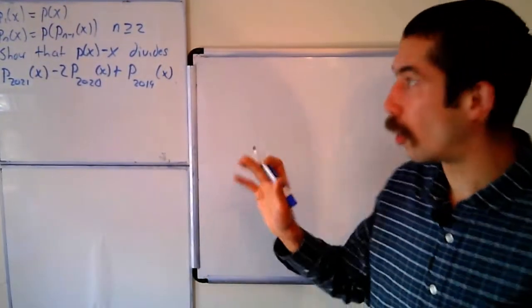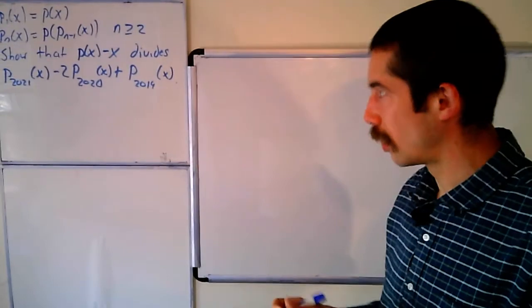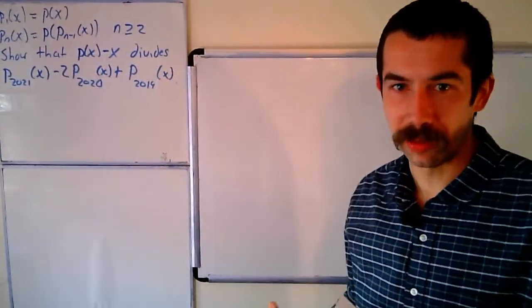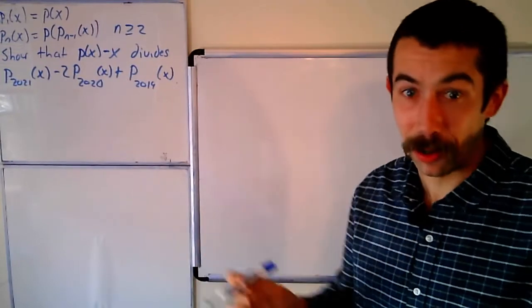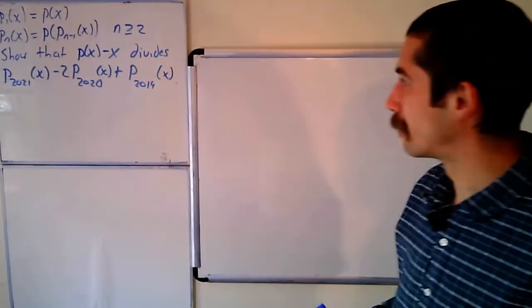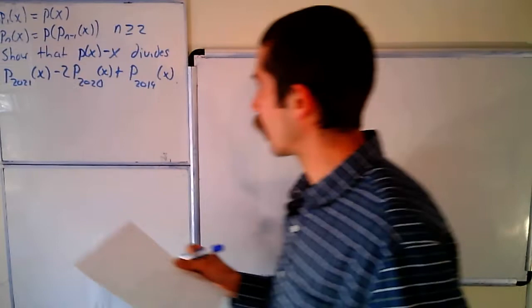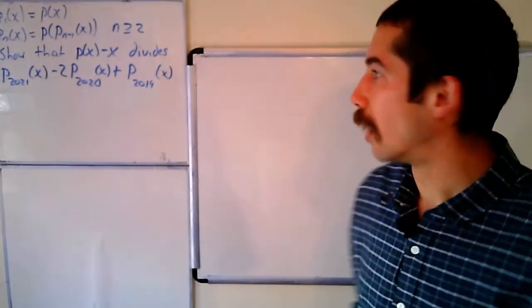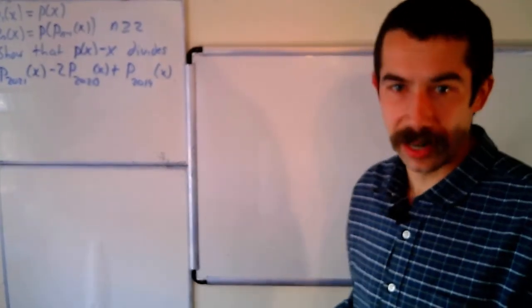Okay, and this is for all polynomials, I guess other than the polynomial x, right? That'd just be dividing by 0. So we'll say all polynomials that are not x. Before we get started, pause the video, try it on your own, and let me know if you get an answer.